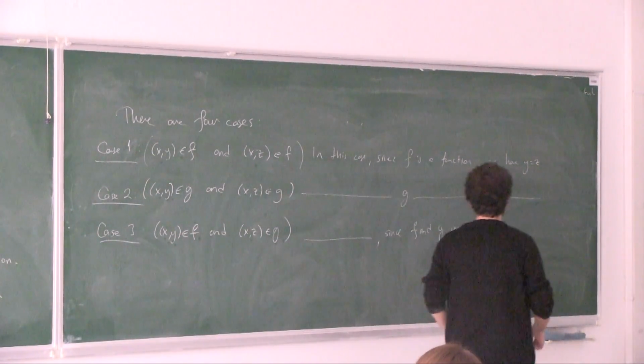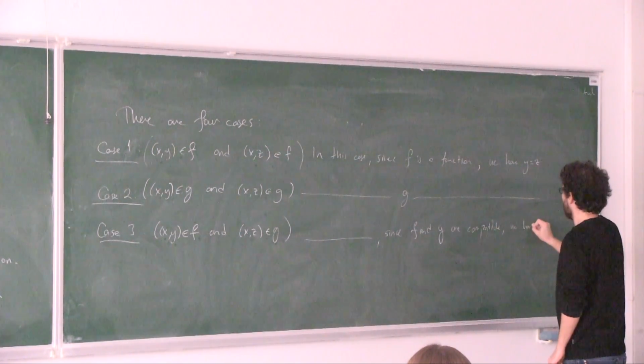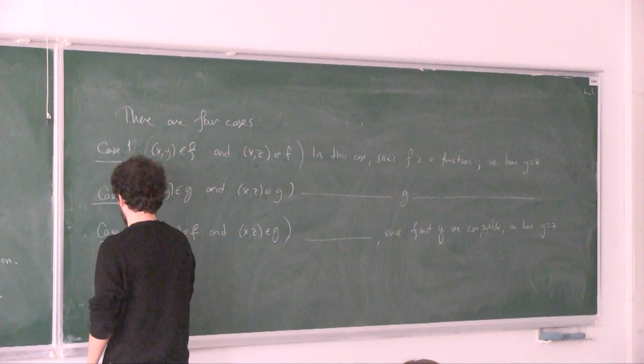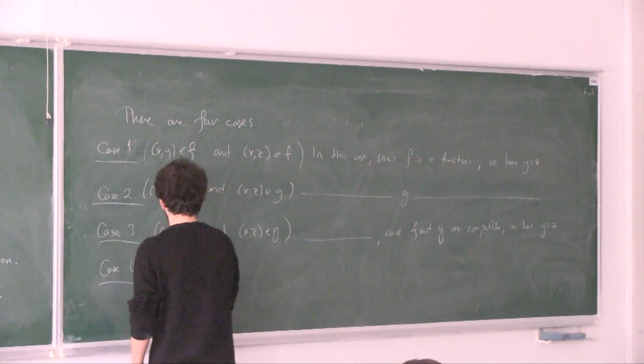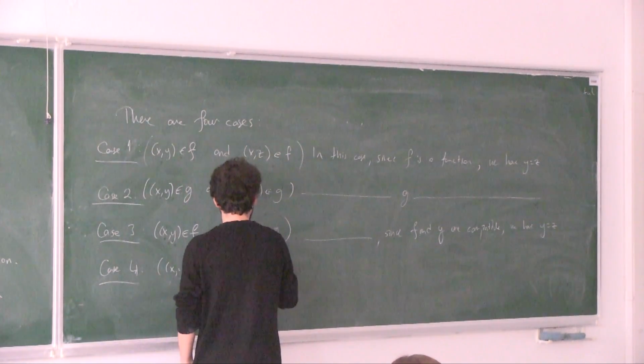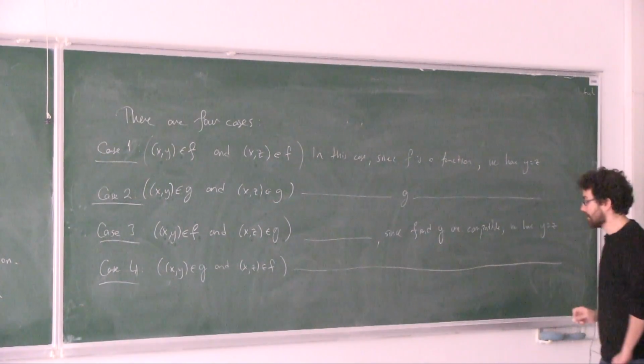So y should be z. Since these functions are compatible, we have y equals z. And in the fourth case, the same thing happens. The fourth case is the first one comes from G, and the second comes from F. We have the exact same thing happening.